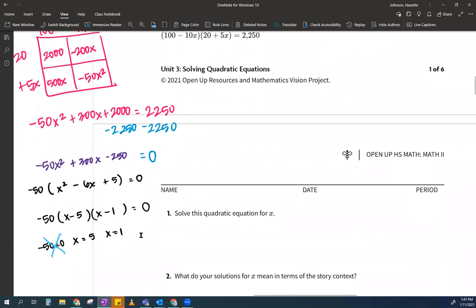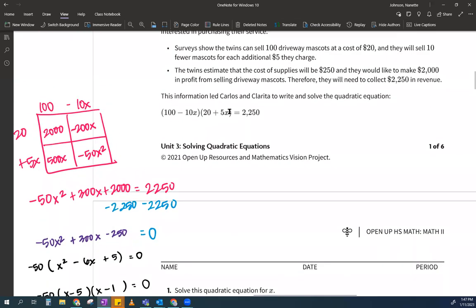So 1 means if I raise it one set of $5, now I'm charging $25. It means I'm getting 10 less driveways to paint, but I'm still getting that profit that I wanted, right? Which was that $2,000, right?